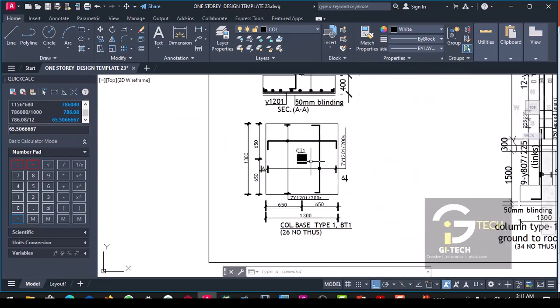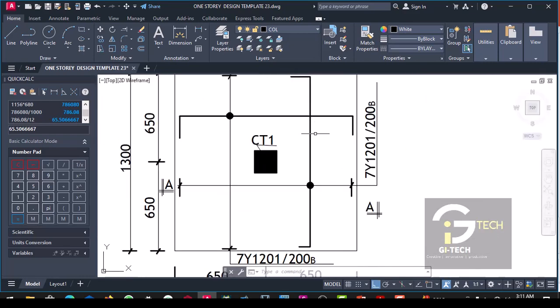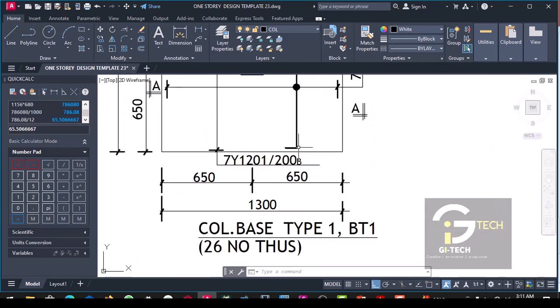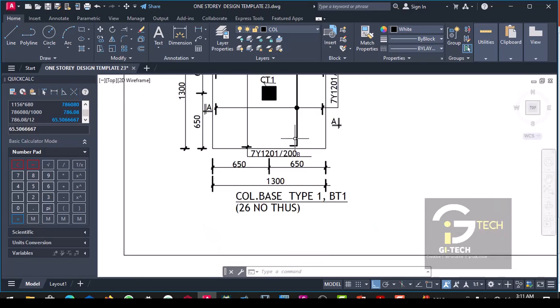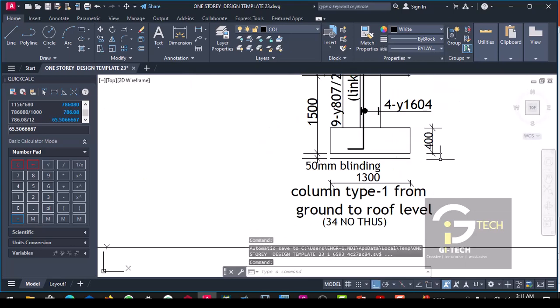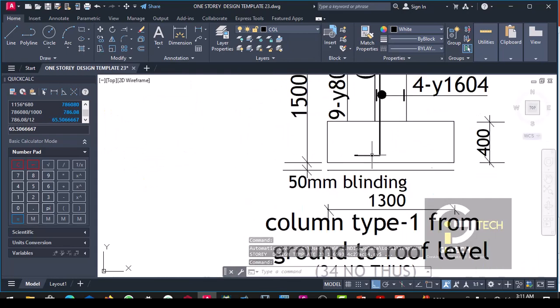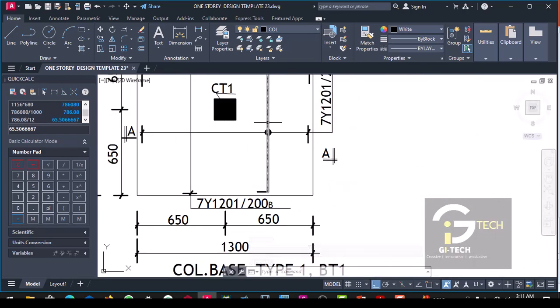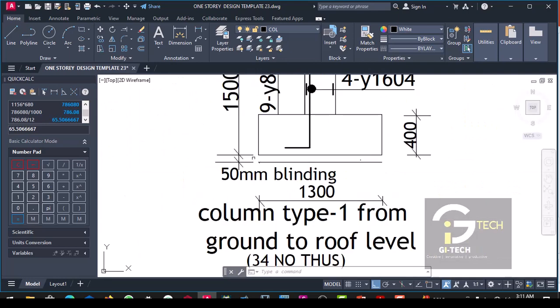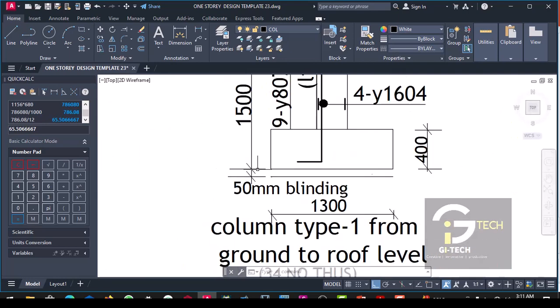Remember that we have our footing reinforcement, which is the first 12, then you have the second layer, which is also 12. So by the time you add the two, you will have 24. This starter bar sits on the second layer of it, but our depth is 1,500.